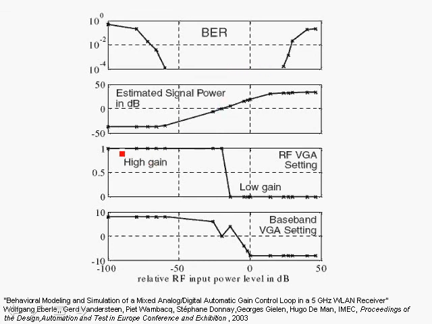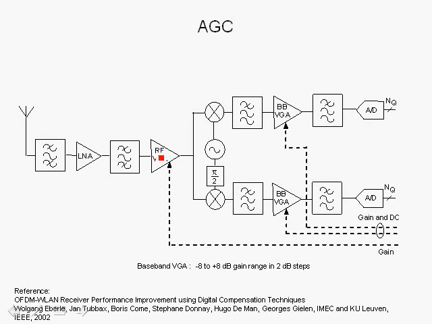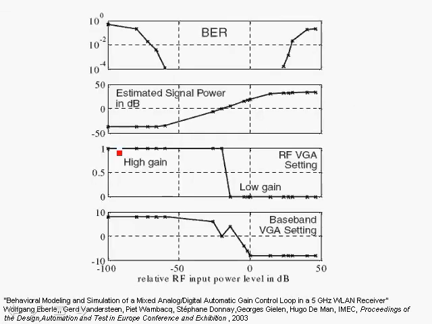In this curve, we actually show what is going on with the gain in the RF front end part. Here we have the RF VGA, and it actually has 2 states: either high gain or low gain. For highest sensitivity, we initially set the RF front end and also the baseband amplifiers at the highest possible gains.